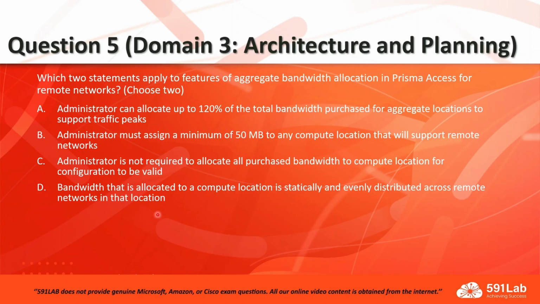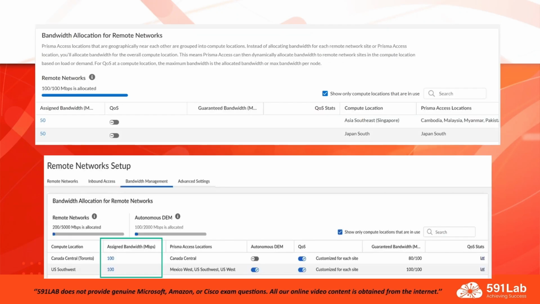To answer this question, let me show you the next slide. Here, I have a capture from the configuration of the bandwidth allocation for remote networks. The above is the remote networks bandwidth that we have allocated to each of the compute locations.